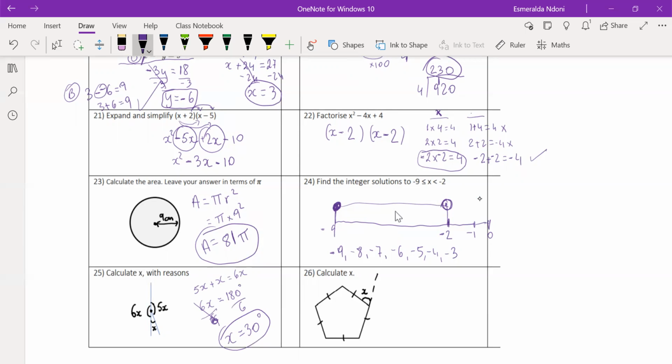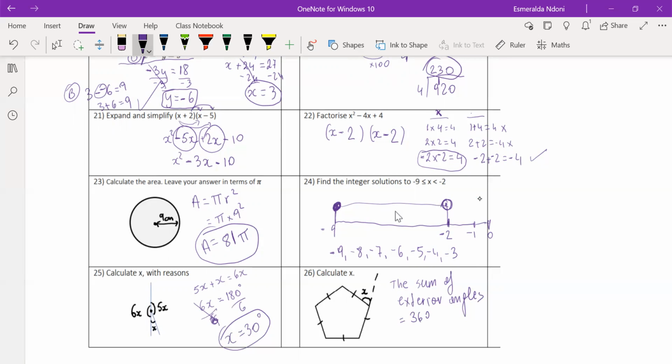Calculate x. x is an exterior angle, and regardless of the shape, all exterior angles add up to 360 in any shape. So let's write that down. The sum, so when you add them together, of exterior angles is 360.